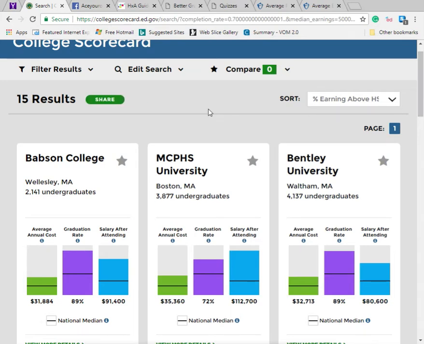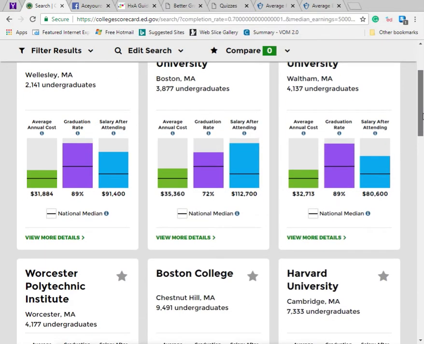So this search tool is really terrific. It can help you limit your search and give you some very interesting information about graduation rates and costs. But like I said, take the cost information with a big grain of salt.